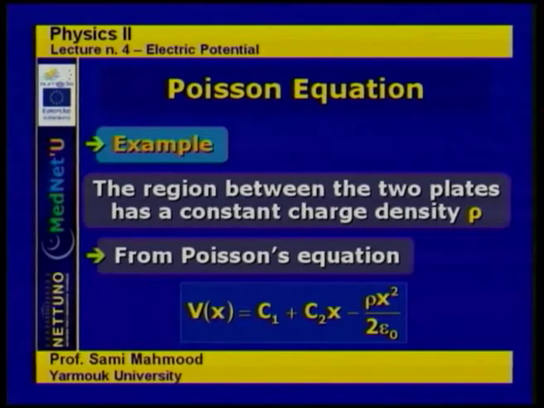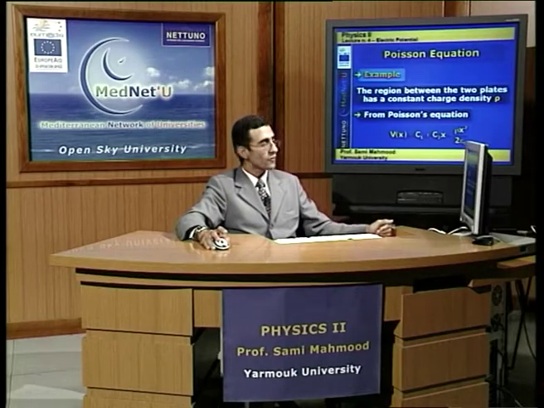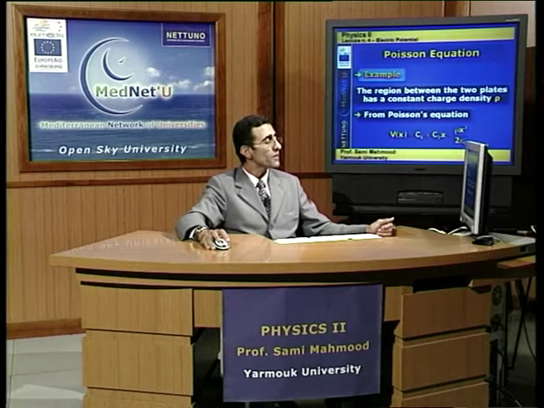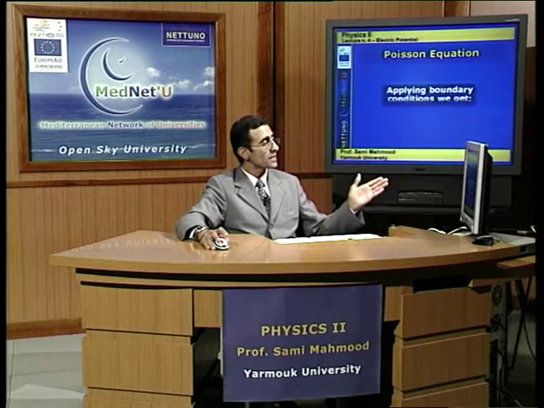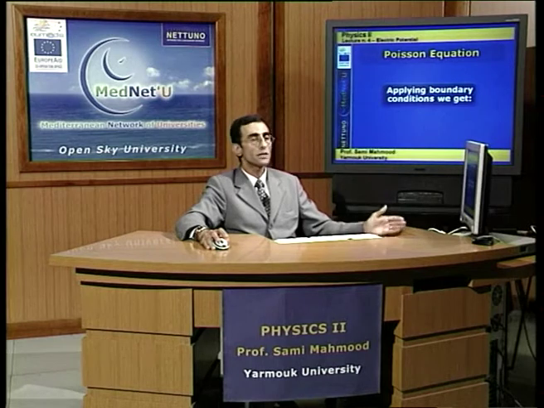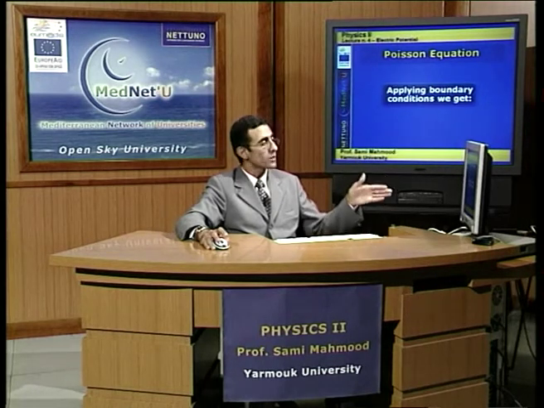The solution gives V of x is equal to c1, a constant, plus c2 x, where c2 is another constant, minus rho x squared over 2 epsilon naught. This is the solution of the previous differential equation. And now we consider the boundary conditions at x equals 0 and at x equals d.